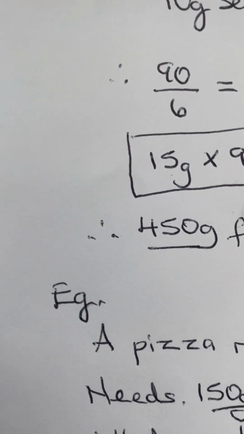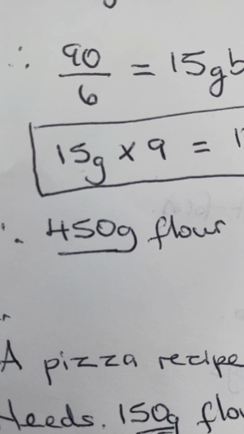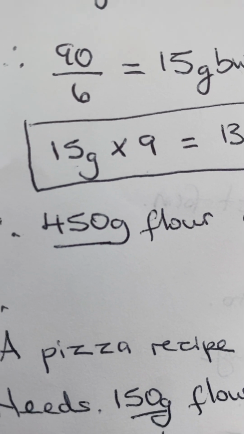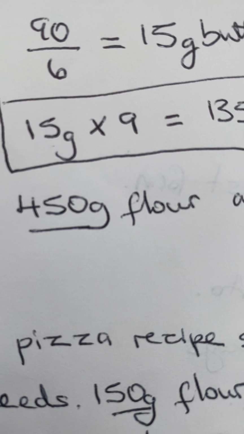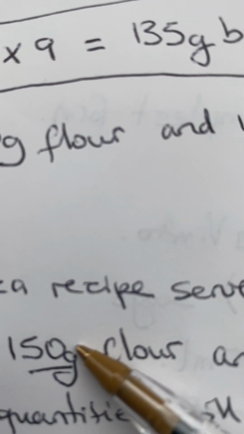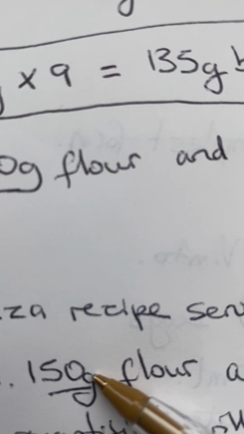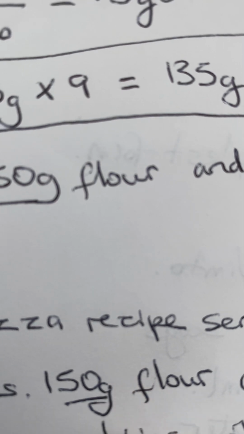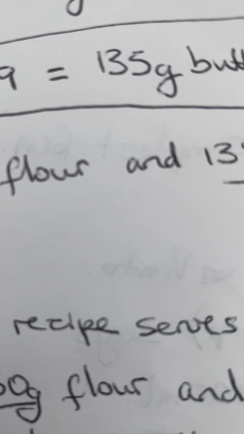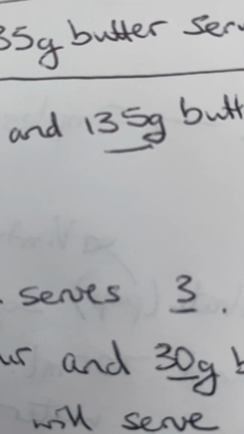But if I want to use the unitary method, I'm going to look at flour. 150 divided by 3 gives me 50.